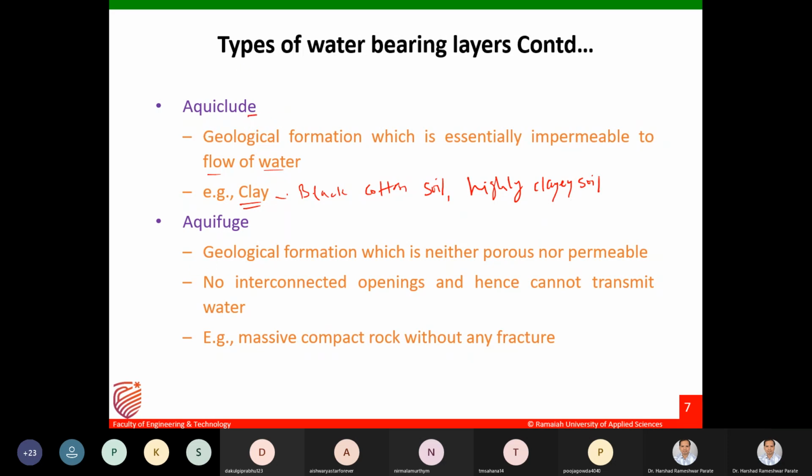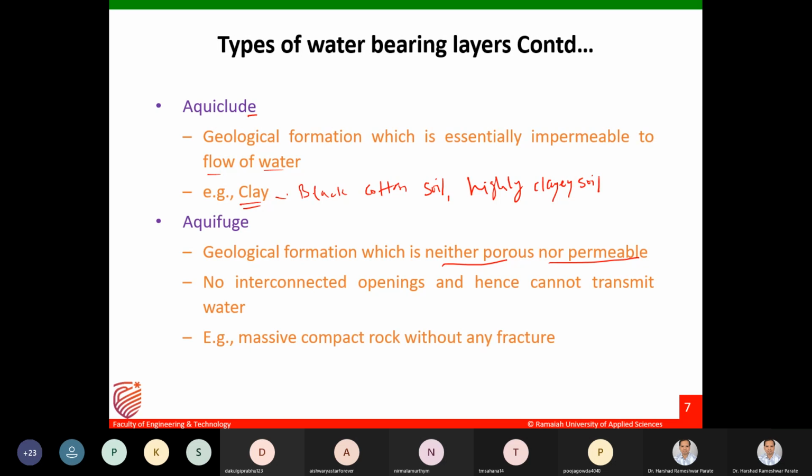Then we have another type, which we call an aquifuge. This is basically a geological formation which is neither porous nor permeable. That means it doesn't have porosity and it's not permeable. Take the example of a huge rock mass, or a huge rock hill.